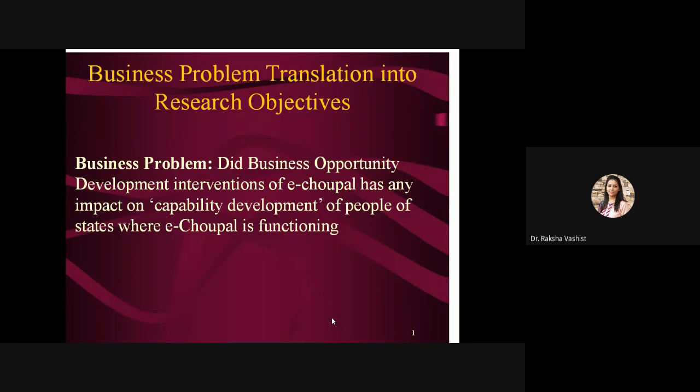I'm requesting the participants to please go through the research problem, which we will try to translate into research objectives. Before that, we will try to translate it into research questions. Okay, and then research questions to research objectives, and finally formulate the research hypothesis from the research objective.